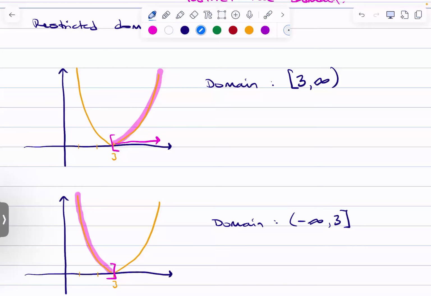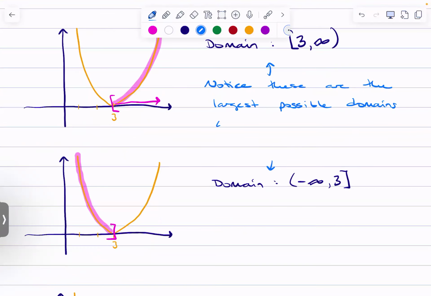So here, for these two, notice these are the largest possible domains where the function is one-to-one.